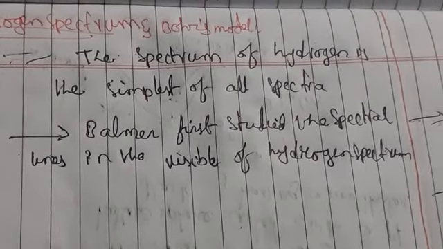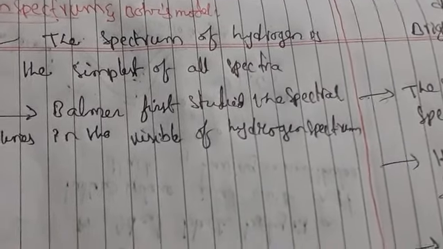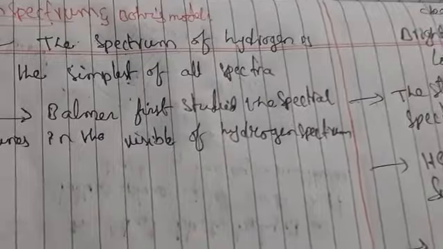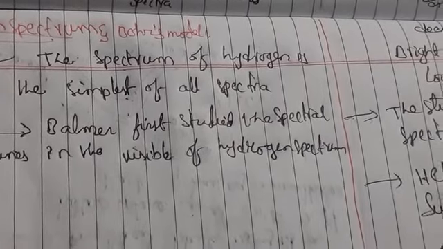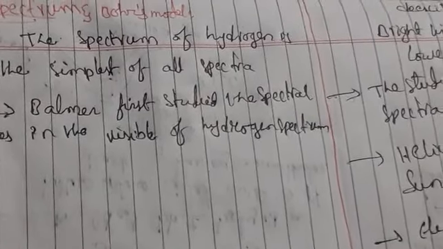Before going to this, what are the ranges we actually have? We have UV rays, so ultraviolet. But we also have the Rydberg constant. What Rydberg did was arrange this series according to their numbers.